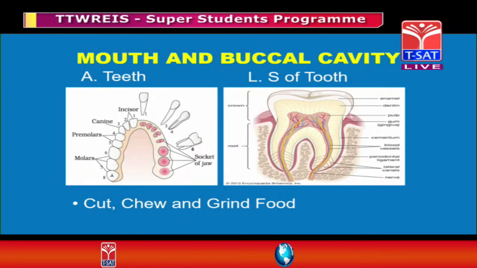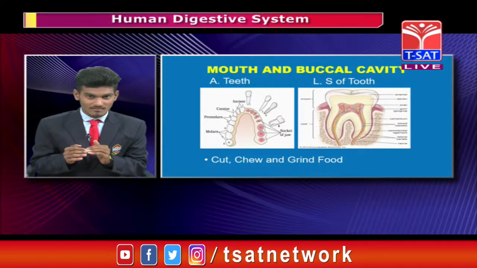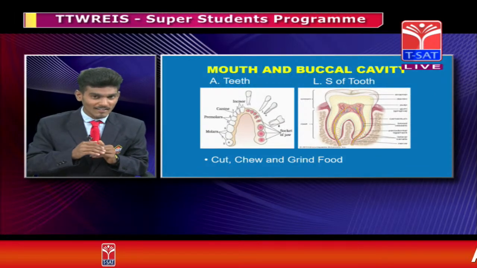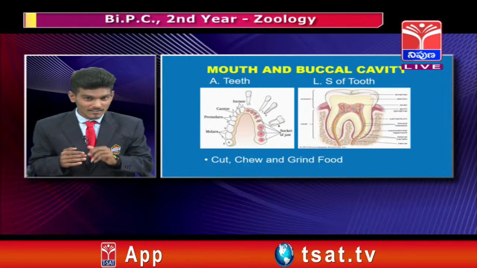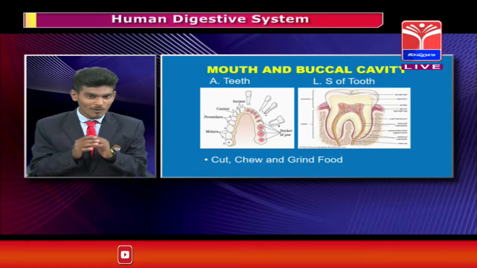The soft palate is present at the posterior of the buccal cavity, and the hard palate is present at the anterior part of the oral cavity. In the oral cavity there are 3 parts.